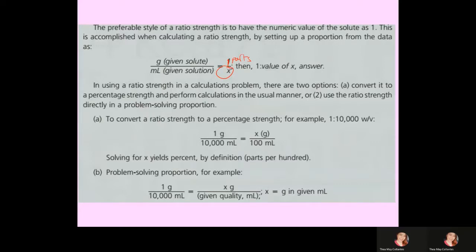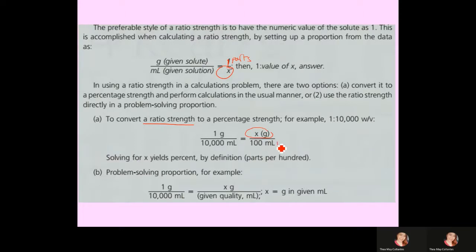But what if you were given the ratio strength already and you would want to upscale it? Or you relate it to your weight per volume, or we would want it related to 100, right? So you were given a ratio strength of about 1:10,000 weight per volume. It is not in the lowest term anymore. Naka 1:10,000 na siya. So if I want it to convert to weight per volume, what should I do? The same, guys. The X is above.